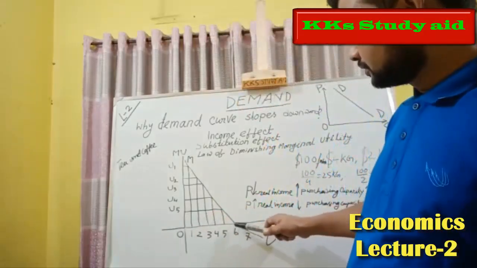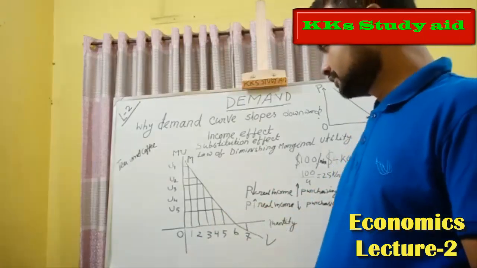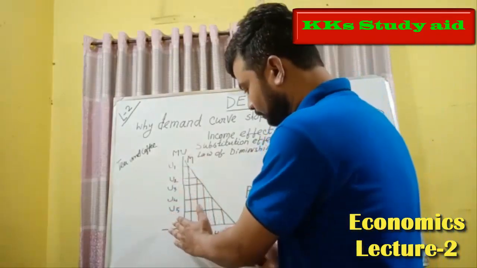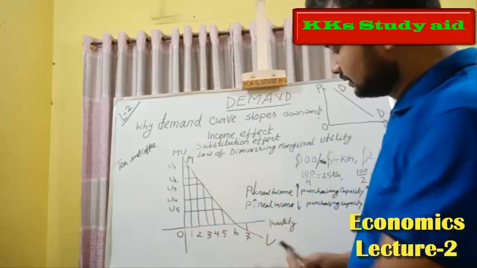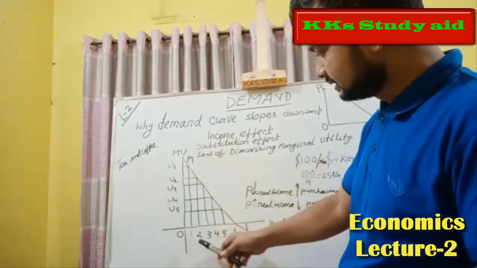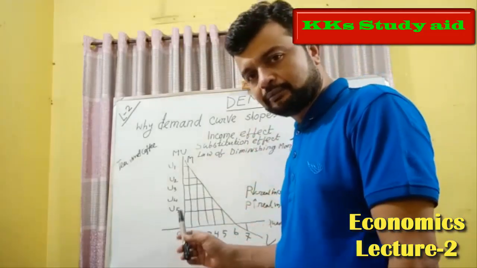And when he consumes 6, there will be no utility for him. The marginal utility becomes 0. So what we say here is that when the consumption increases, marginal utility decreases. This is due to the law of diminishing marginal utility.